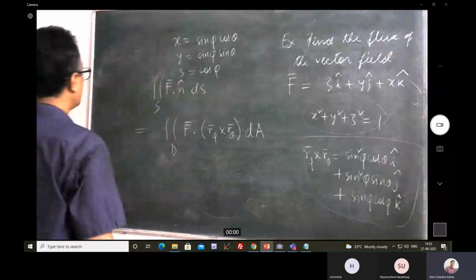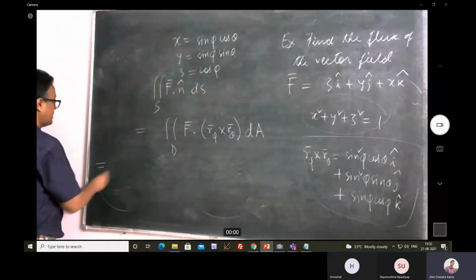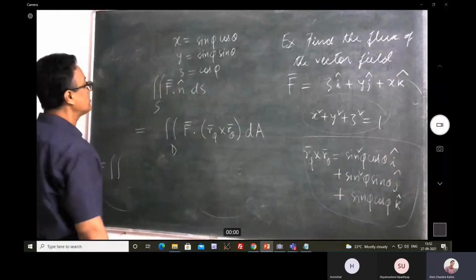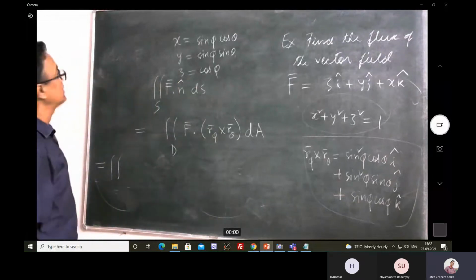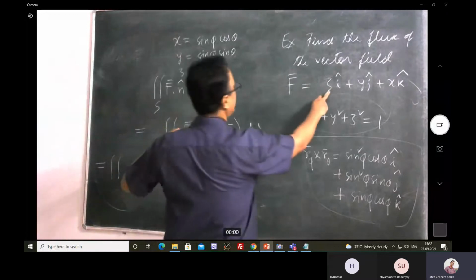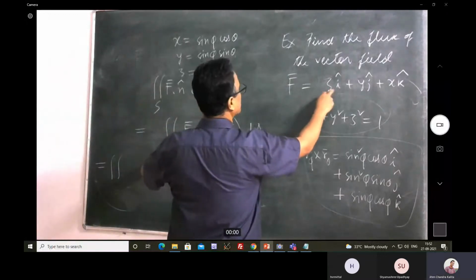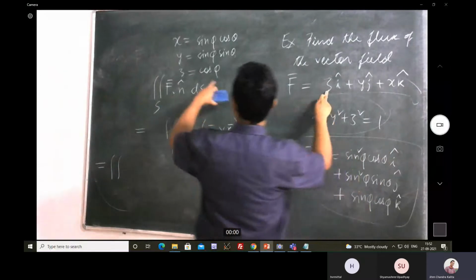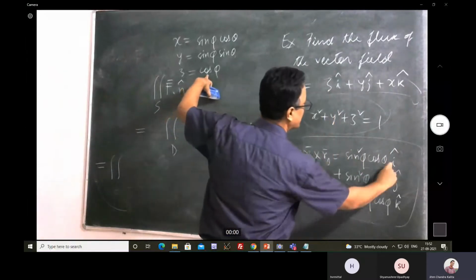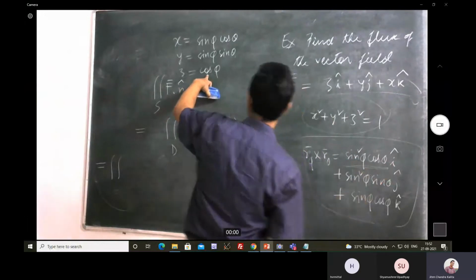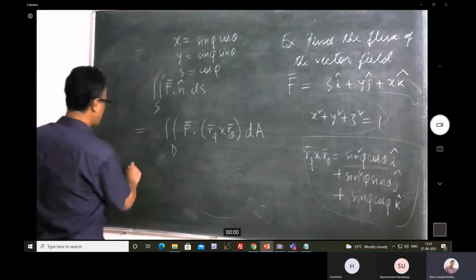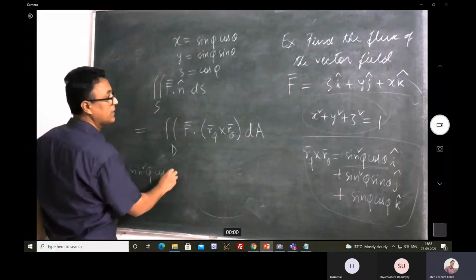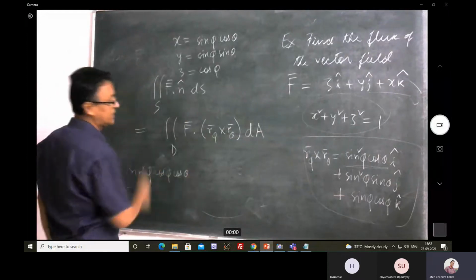Okay. So now I am going to convert it into phi, theta. First you have to take this dot this. z is cos phi, so you have to multiply this component by cos phi, so I am going to have sin squared phi cos phi cos theta.